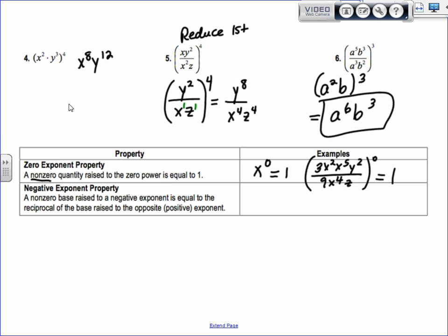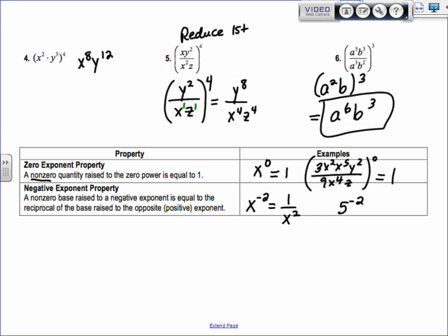Okay, negative exponent property. If I have x to the negative 2, what that really means is 1 over x to the positive 2. So let's think about this. 5 to the negative 2. Every year I say this over and over, like a broken record: 5 to the negative 2 is not negative 25.